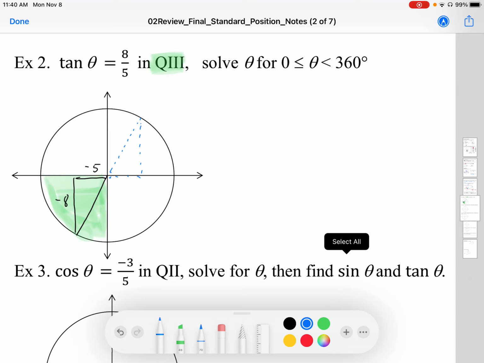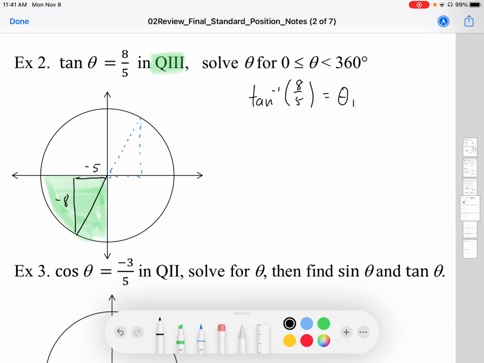So using my calculator, I'm now going to solve for the angle. I'm going to do arctan of 8 over 5, and that's going to give me theta 1. 8 divided by 5 is going to give me 57.99. It's about 58 degrees.